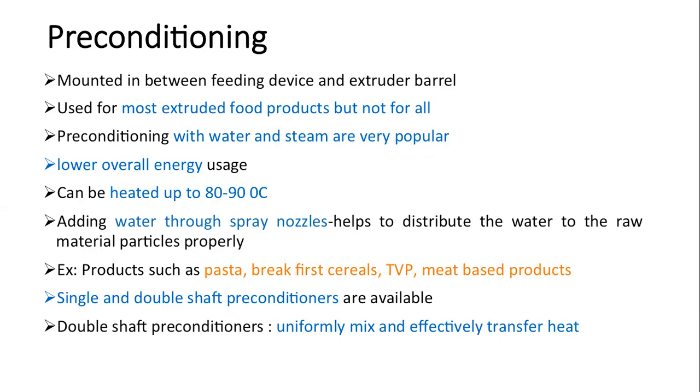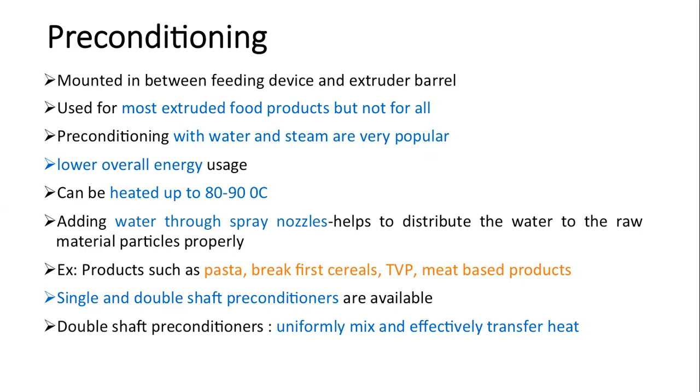TVP means texturized vegetable protein. It's a sort of soya-based product, and some meat-based products also need a preconditioning system. And there are single and double shaft preconditioners.